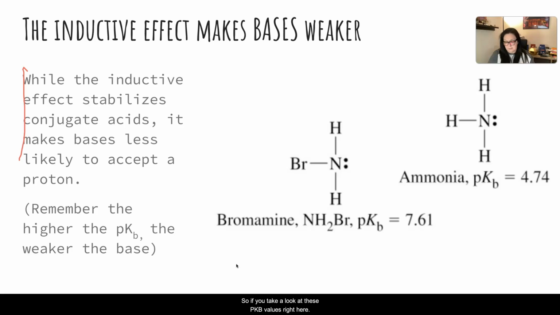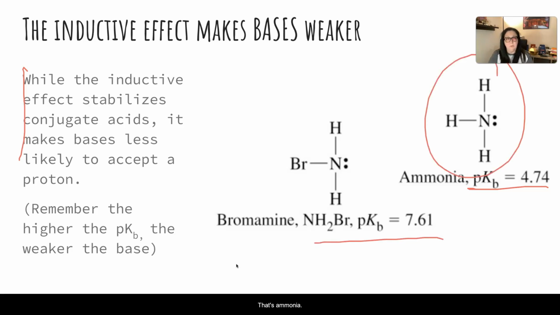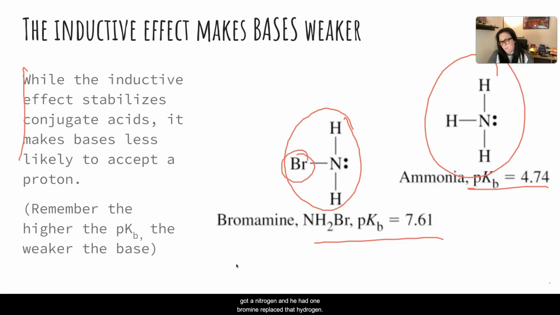So if you take a look at these pKb values right here, and what are these? These are NH3 over here on the right. That's ammonia, very common weak base. He has a low pKb, which means he has a high Kb. And then this guy right here, he's an amine because he's got a nitrogen, and he had one bromine replace that hydrogen.